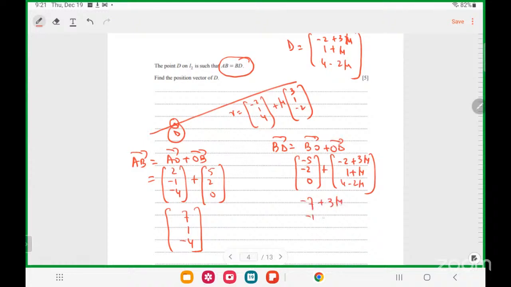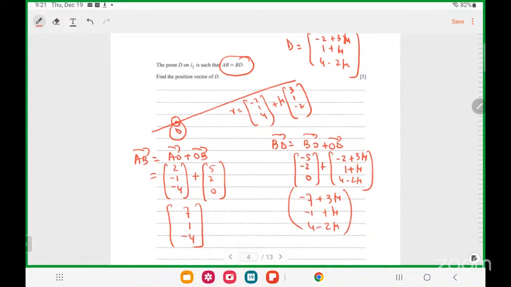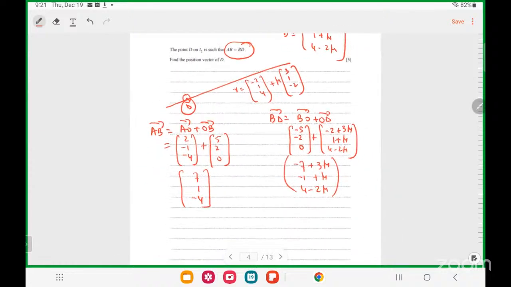Minus 2 plus 1 is minus 1 plus mu. 4 minus 2 mu. So AB and BD have the same length, so 7 square, 1 square, minus 4 square equals minus 7 plus 3 mu square, minus 1 plus mu square and 4 minus 2 mu square.